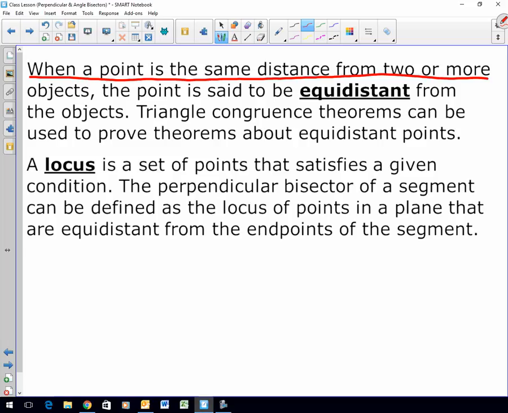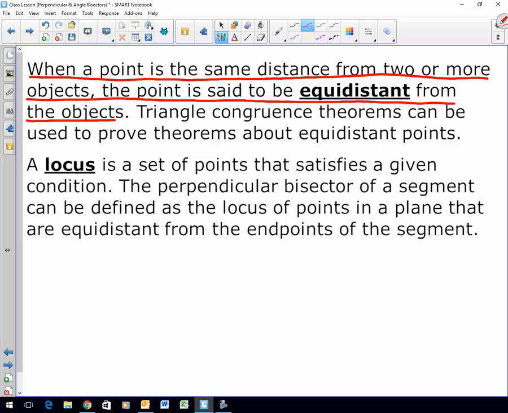Whenever I have a point that's the same distance from two or more objects, we call that equidistant. Look at the root word, equi. What does that remind you of? Equal, right? Equals, equilateral, equidistant, EQUI. That's the prefix. Equifax, you ever heard that?